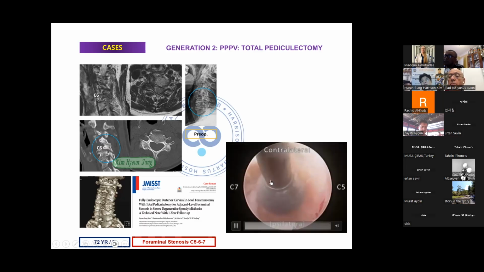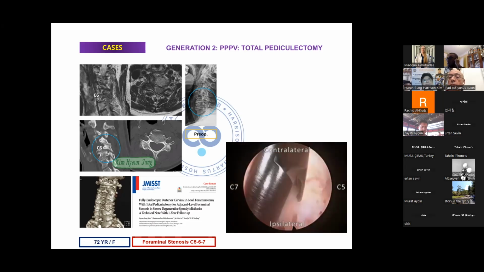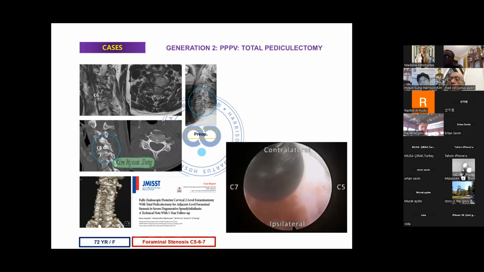Then here is the pedicle. Here is the C5-6 foramen. Here is the C6-7 foramen. Now you can see the contour of the pedicle.